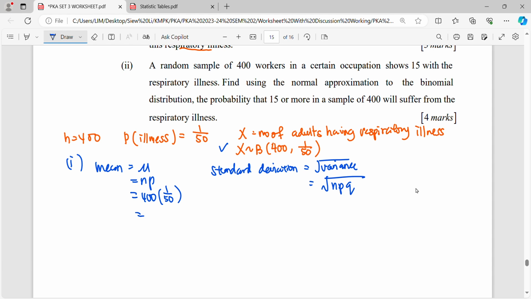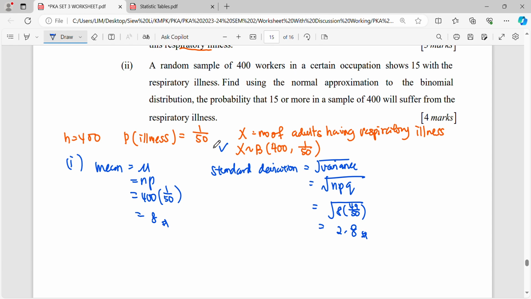So what's your np here? 8. So 8 times q, 49 over 50, and the square root gives you the answer 2.8 only. No more decimal, 1 decimal only. If you have more decimals, we take more decimals because we haven't finished yet.